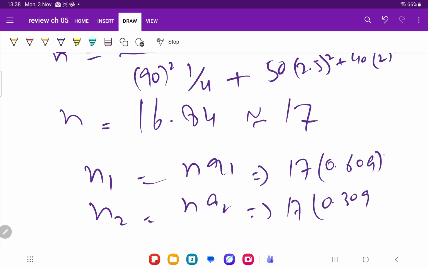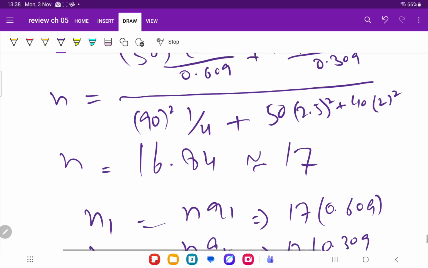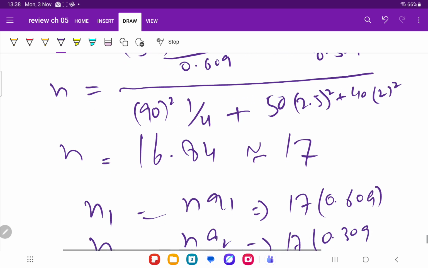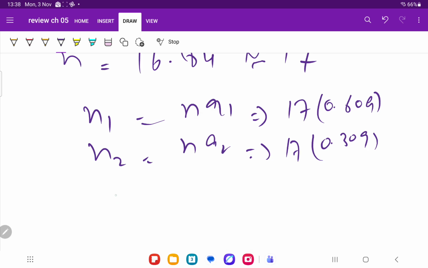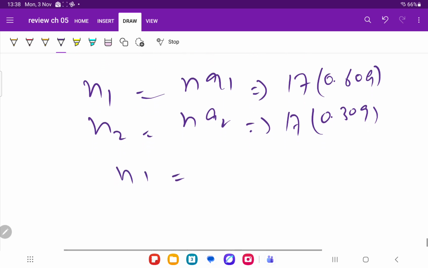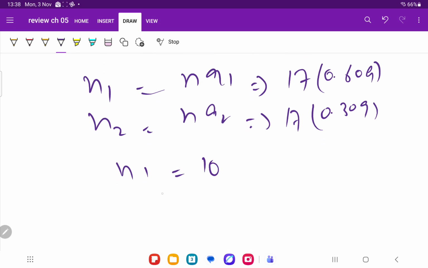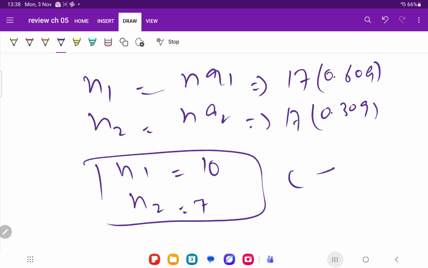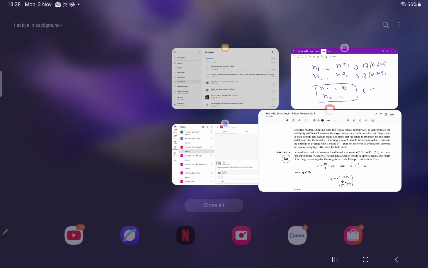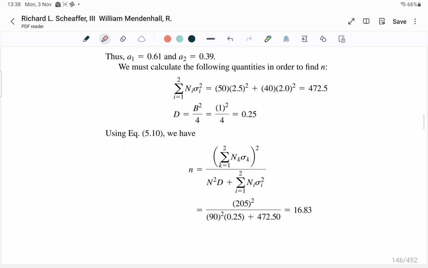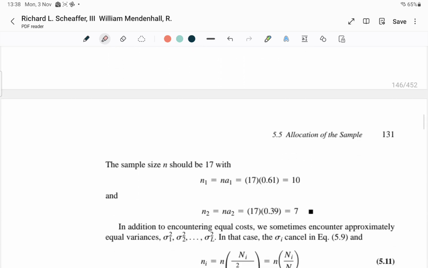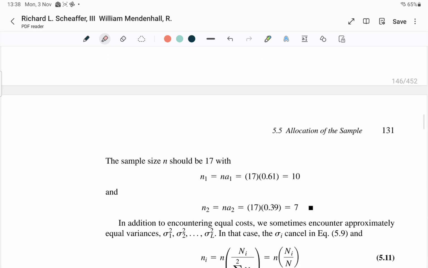Okay, so what is n1 and n2? 10 and 7 approximately. So these are the sample sizes. Yes, 10 and 7. Done.